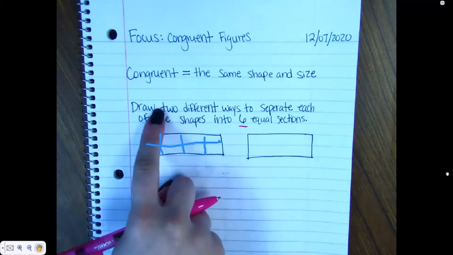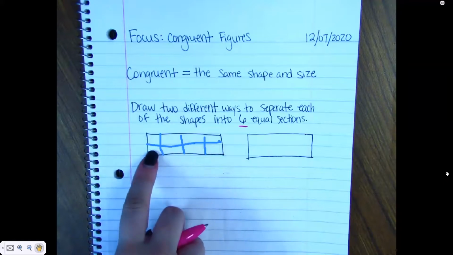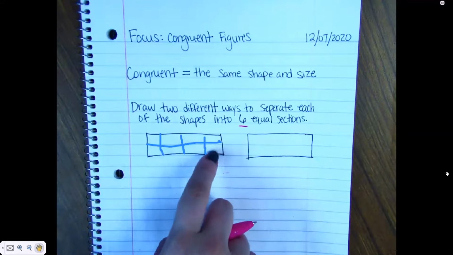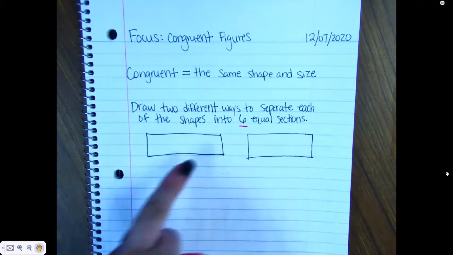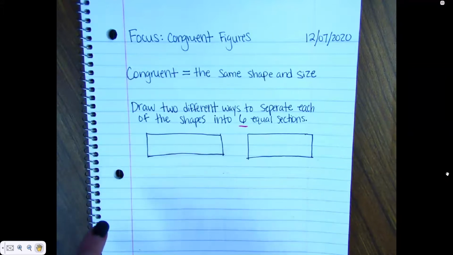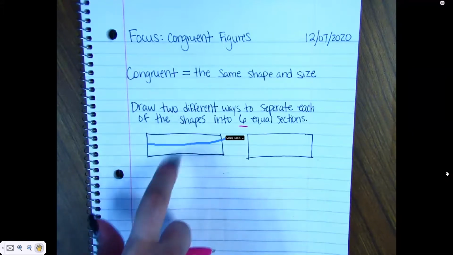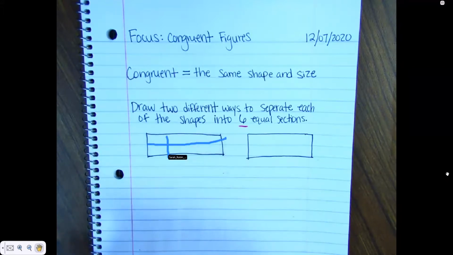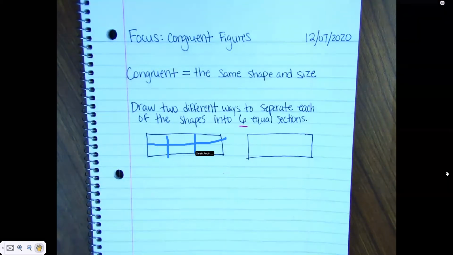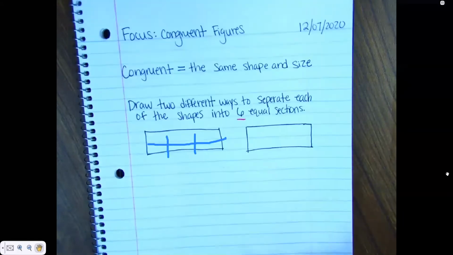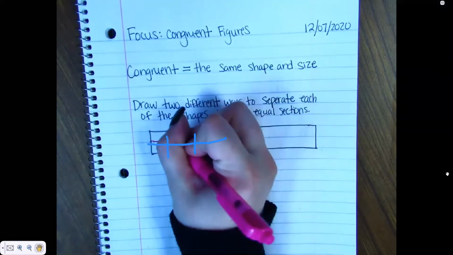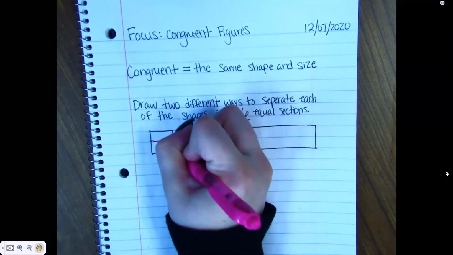Oh, but Sarah, look, you have 8. 1, 2, 3, 4, 5, 6, 7, 8. You can do it that way. You just have too many lines. So draw a line in the middle, and then just draw 2 lines. 1, and then draw 1 more. 2. Perfect. So you could do it that way. That would be 6. Okay. All right. Good job, Sarah.